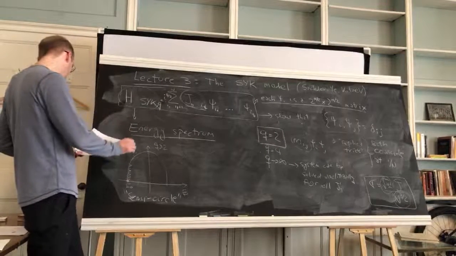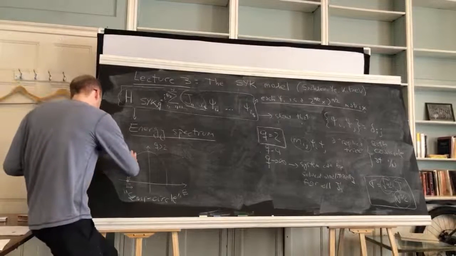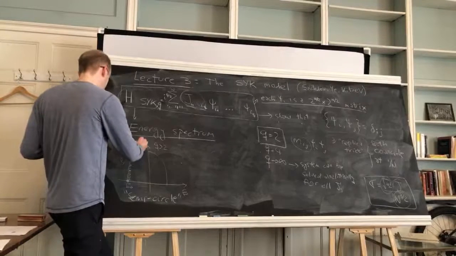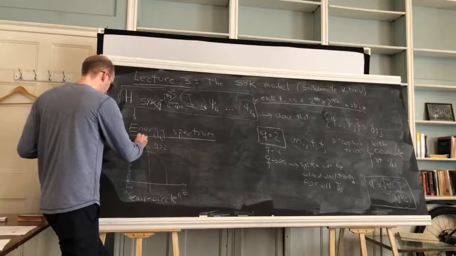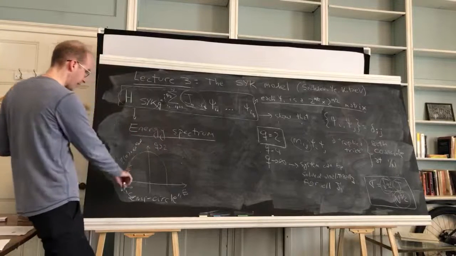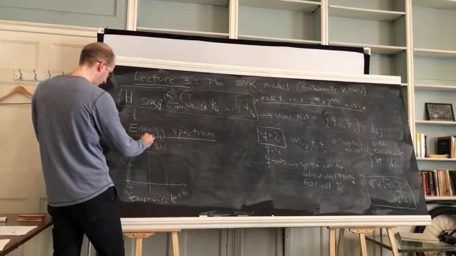If you see how this scales with n, you will see that rho of E scales like e to the S naught n. This is for a fixed n, the semicircle is for a fixed n, so what you see here is some kind of root epsilon.